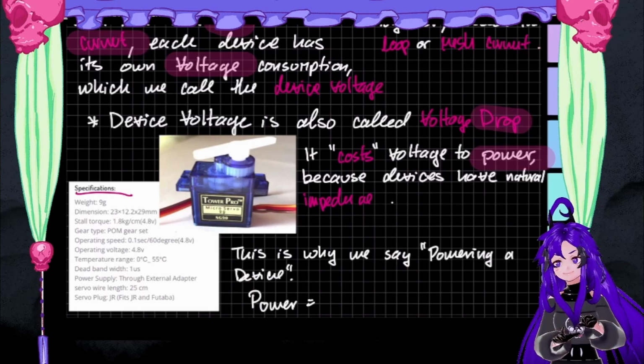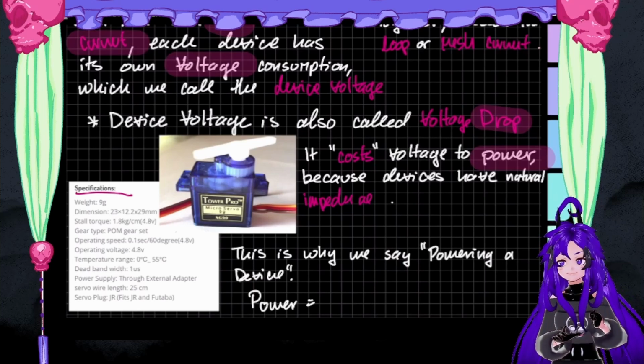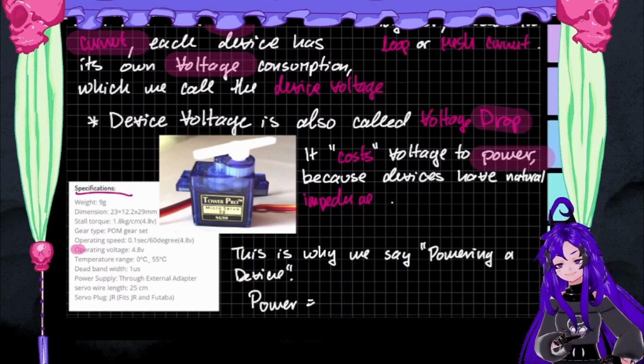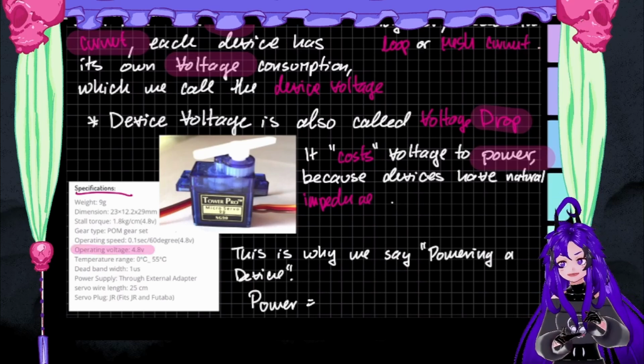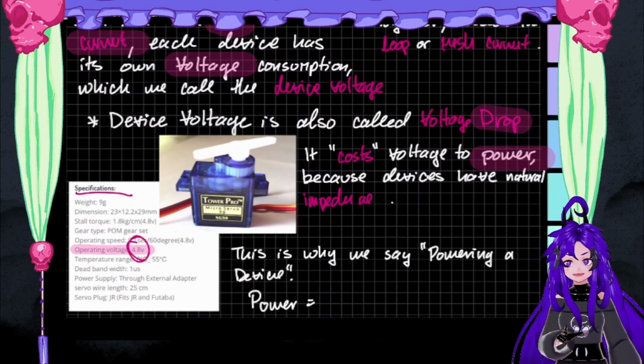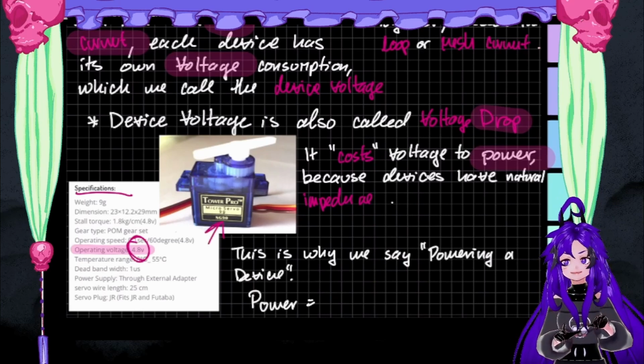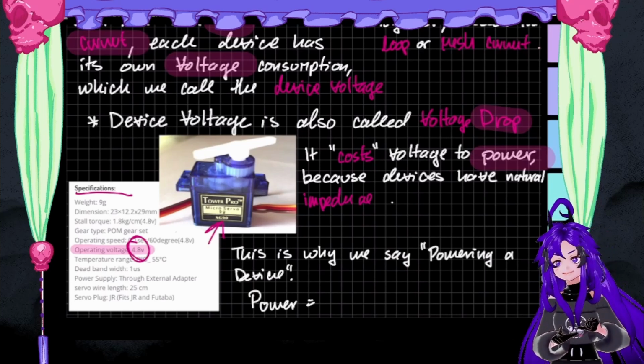And somewhere in this list there is an operating voltage number. That matters, because this is what it takes to power this guy. This guy's not going to work well or reliably or maybe at all if you don't at least get it 4.8 volts.